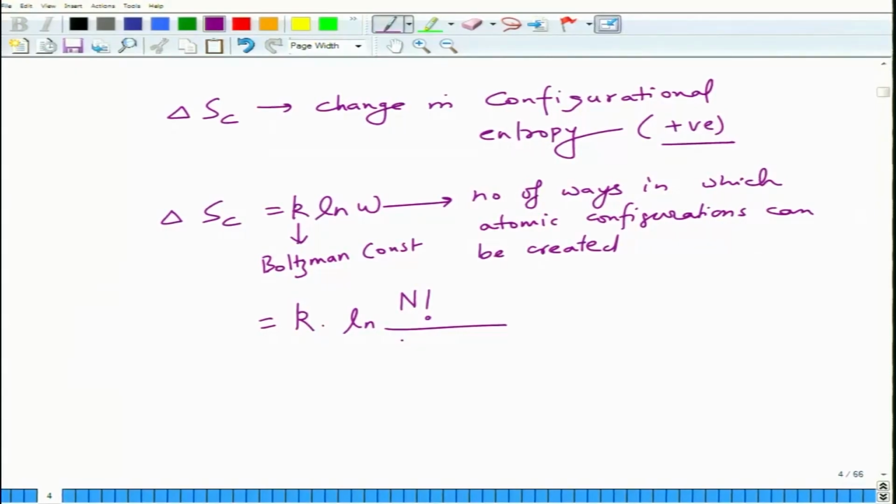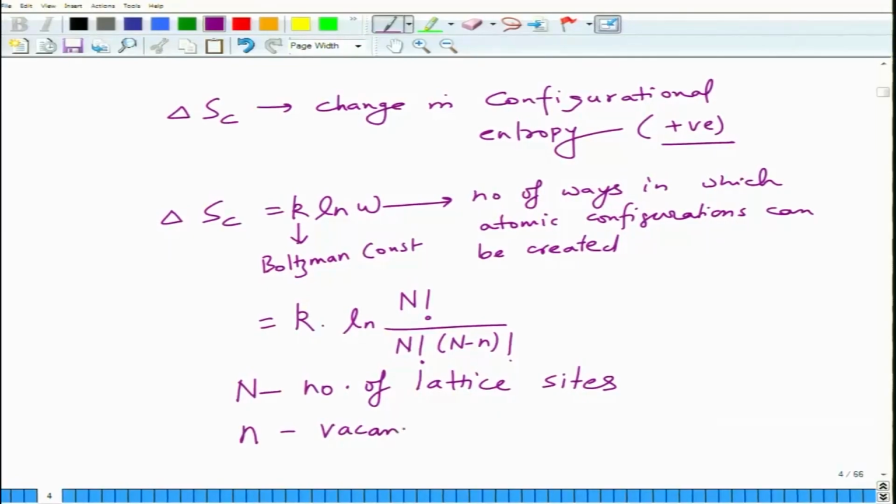This happens to be small k ln of capital N factorial divided by factorial of capital N minus small n, times factorial of small n, where capital N is the number of lattice sites, not the number of atoms, because the number of atoms has now reduced, and small n is the vacancy concentration.